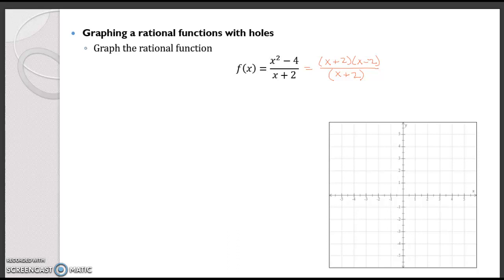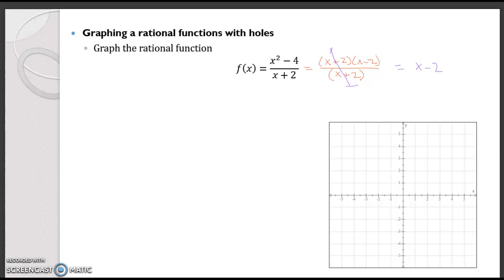So what happens when that is the case is that these factors are going to divide out and go to 1. Okay, that's a 1. And we're going to be left with x minus 2.